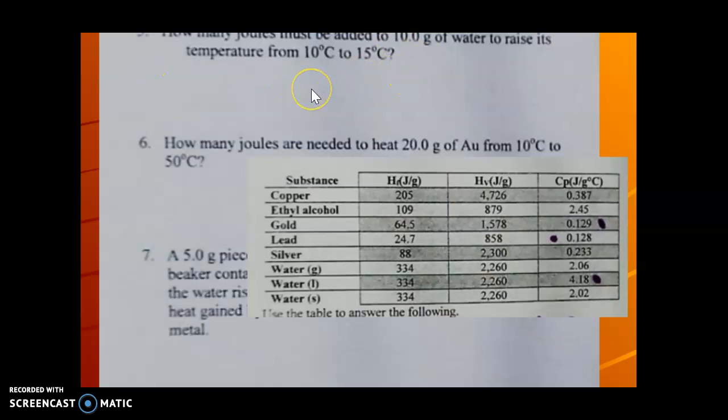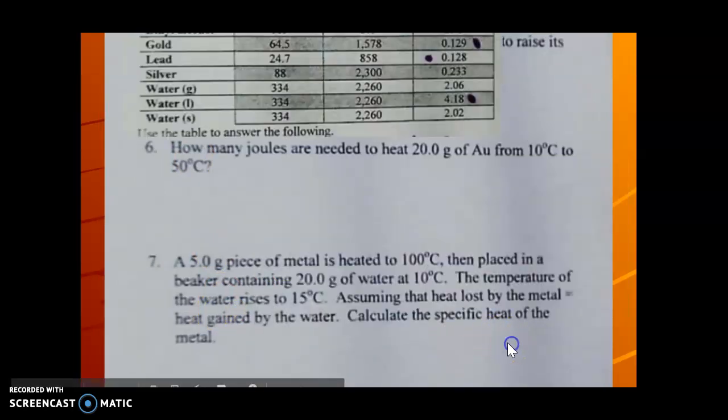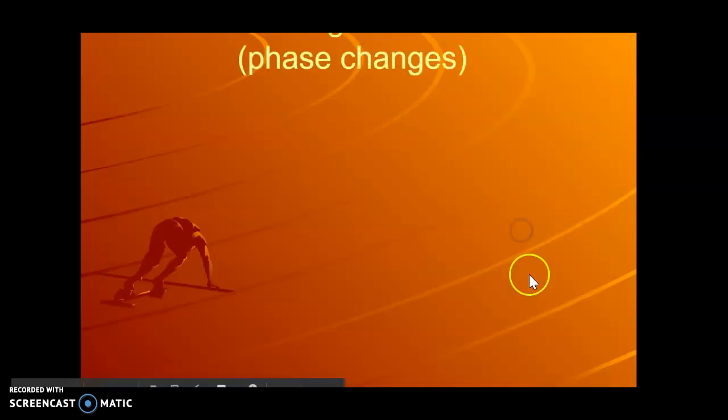It would be 10, and then the specific heat for water, if you take a look here, is liquid water, so it's 4.18, and then times 5 to find Q. None of these specifically use latent heat. I'm guessing I have some problems here later on that use latent heat.